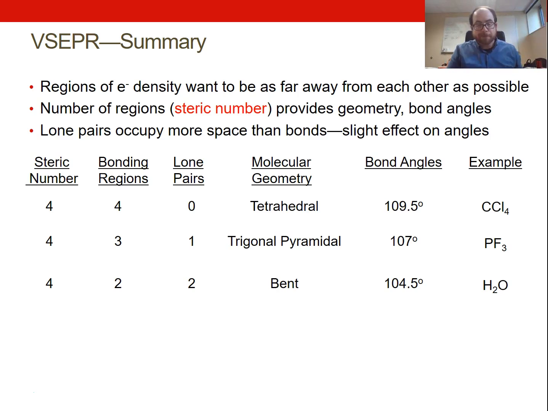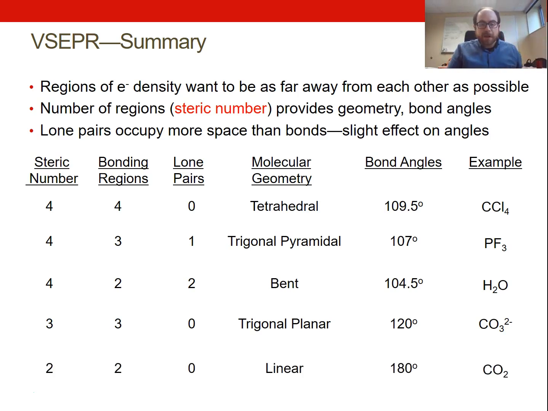Water is an example of that. If we have 3 bonding regions, or a steric number of 3, we would call that trigonal planar. The bond angle around that would be 120. And lastly, if we have a steric number of 2, or 2 electron domains, we would call that shape linear. So what I suggest you do is take these examples on the right-hand side here and practice drawing the 3-dimensional structures for each of these.